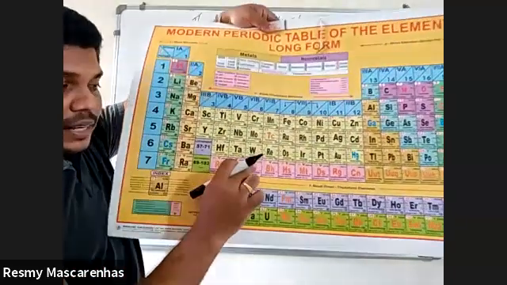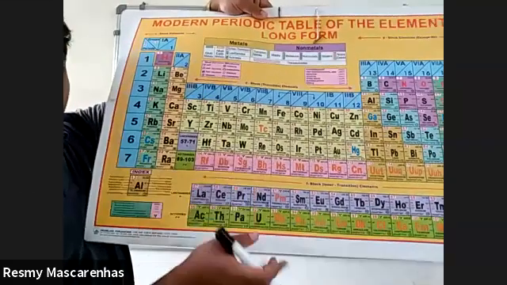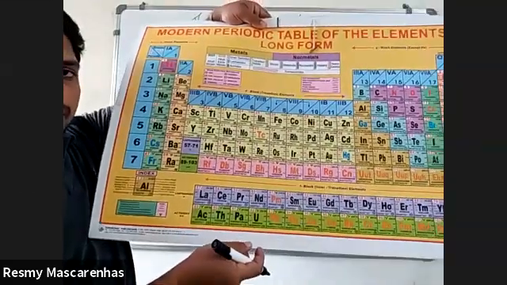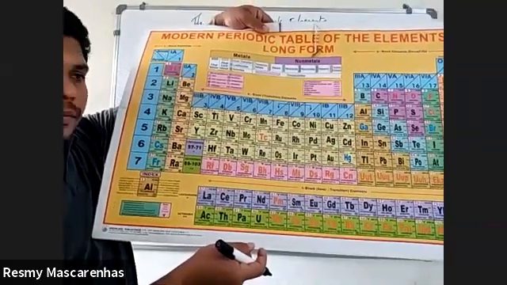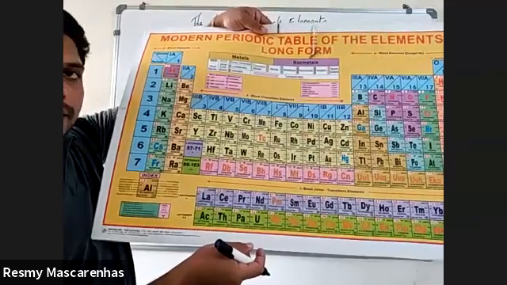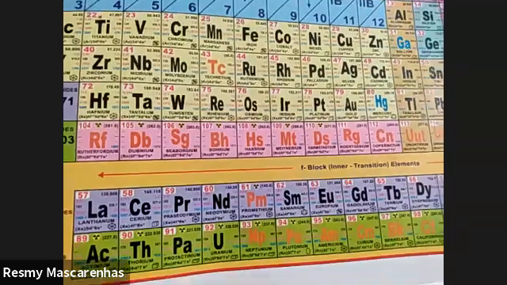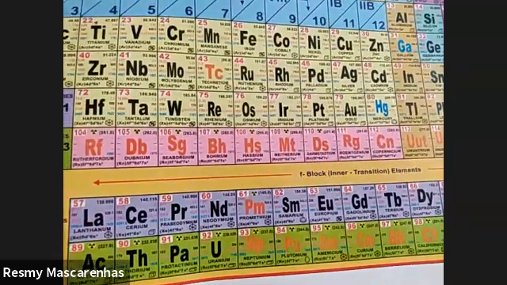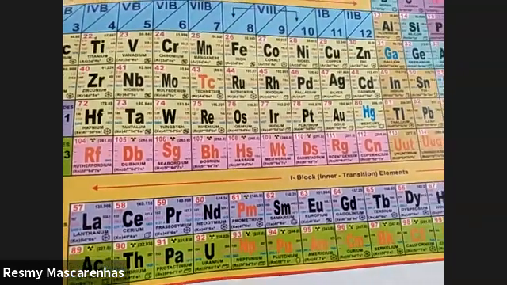Can you see this sign here like a fan, yellow and black color? So this sign indicates that that particular element is a radioactive element.